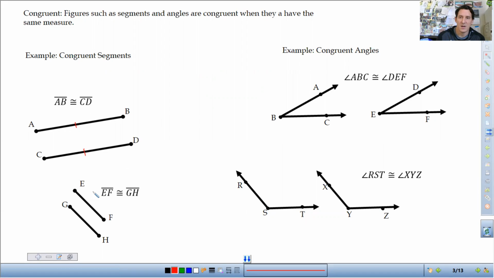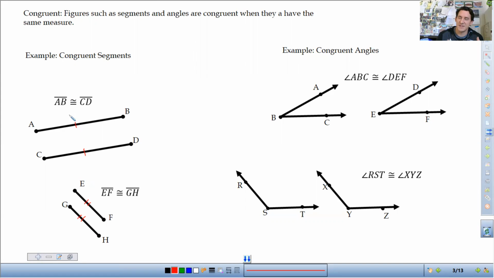If you have more than one set of congruent figures in a diagram, like EF is congruent to GH, but they're not congruent to these segments up there, you would still mark them, but with two tick marks to show that these are congruent to each other, but not congruent to that.